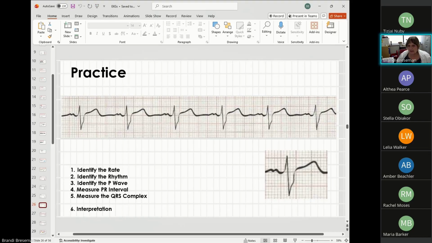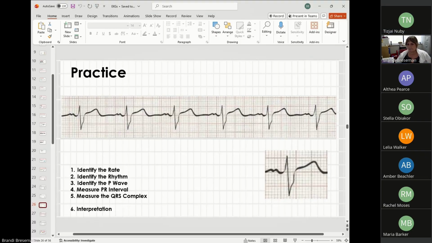Because it's regular, and when we start talking about atrial dysrhythmias, we'll talk about why I know this isn't atrial fibrillation. The reason I know it's not atrial fibrillation is because my rhythm is regular, and atrial fibrillation always has an irregular rhythm. We'll see that. I think this is probably lead placement or what we call artifact.